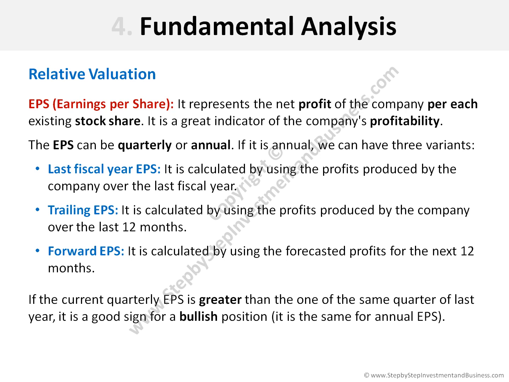On the other hand, the trailing EPS is calculated by using the profits produced by the company over the last 12 months. And the forward EPS is calculated by using the forecasted profits for the next 12 months.